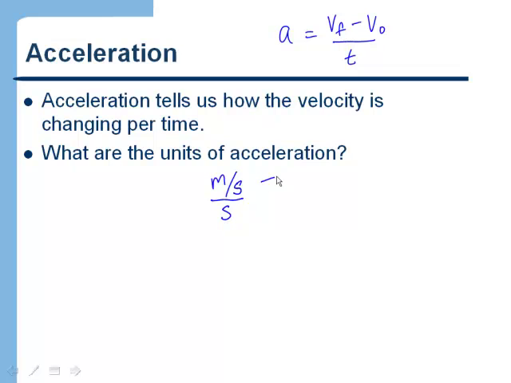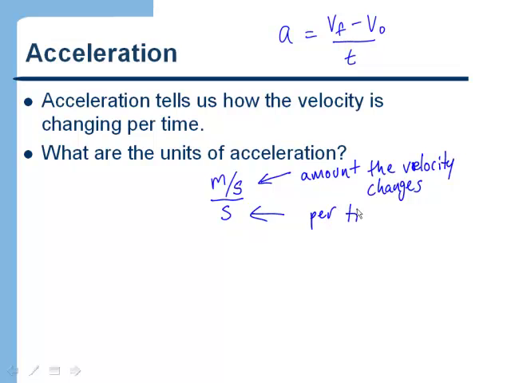And that's simply saying the amount the velocity changes per second, or per time. So if I have an acceleration of 30 meters per second, it would mean that for every second that goes by, the velocity is changing by 30 meters per second.